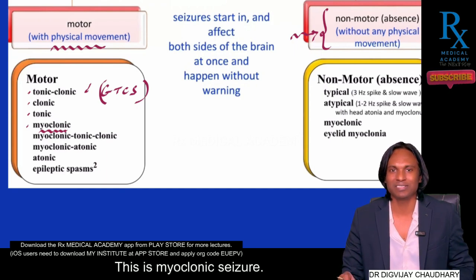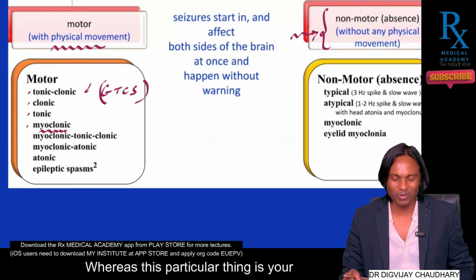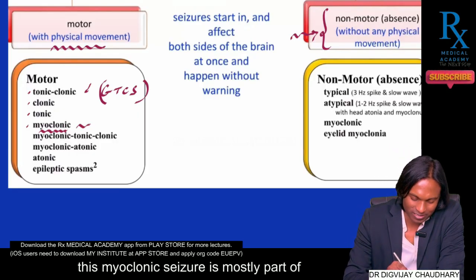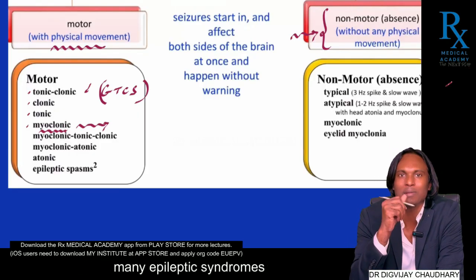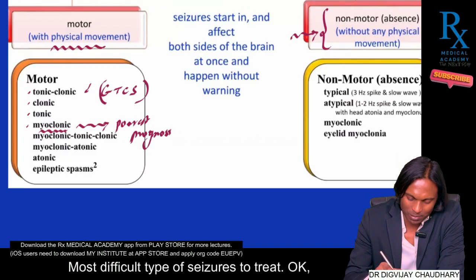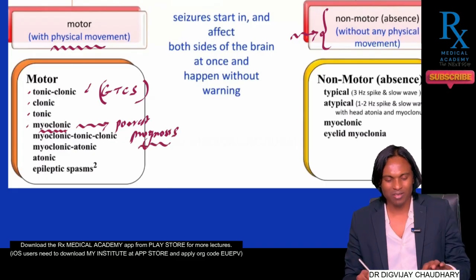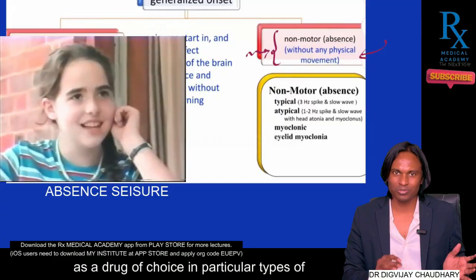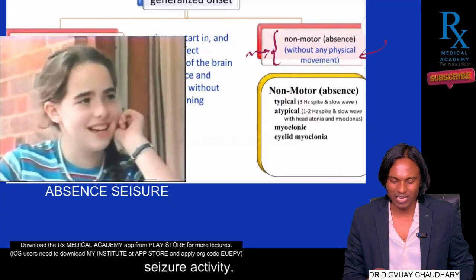Whereas this particular thing is your clonic seizure. I hope you guys have understood. This myoclonic seizure is mostly part of many epileptic syndromes, and this carries the poorest prognosis. Most difficult type of seizures to treat. Okay, we'll talk about various anti-epileptic drugs as well as the drug of choice in particular types of seizure activity.